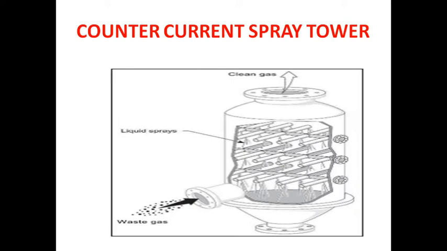Many nozzles are placed across the tower at different heights to spray all of the gas as it moves up through the tower. The reason for using many nozzles is to maximize the number of fine droplets impacting the pollutant particles and provide a large surface area for absorbing gas.